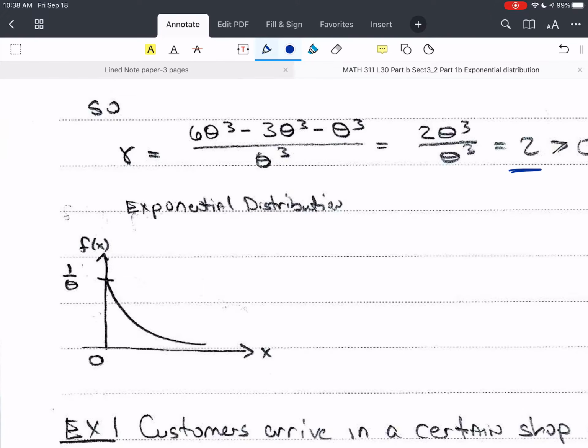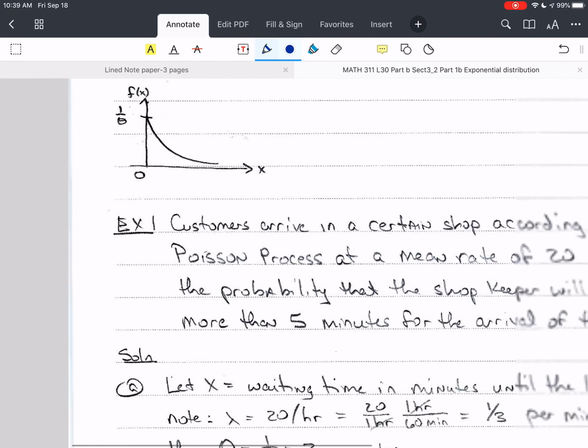It intersects the y-axis at 1 over theta, and then it continually decreases. This is a skewed distribution, and we consider this kind of an extreme distribution. A lot of times we'll use this distribution and see if some new theory works for it, some practice works well for it, and if it does, then it's very likely that it'll work for many other distributions, if not all of them.